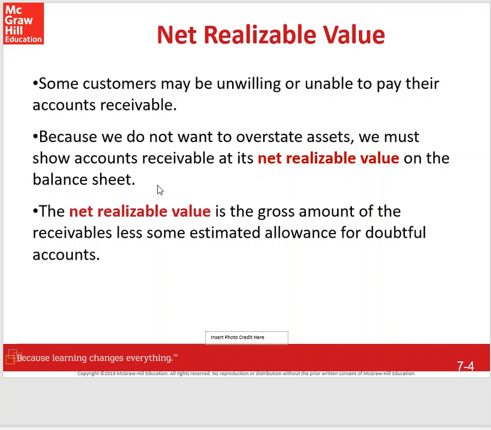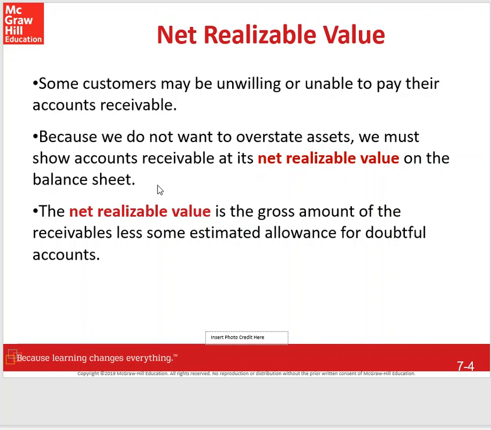It would be quite naive and ignorant to believe that we are going to collect every single dollar of accounts receivable. Most likely, at some point, somebody's not going to pay us. And as much as that's frustrating and harmful to our business, that's the reality. If we allow customers to buy now and pay later, at some point, somebody's not going to pay us.